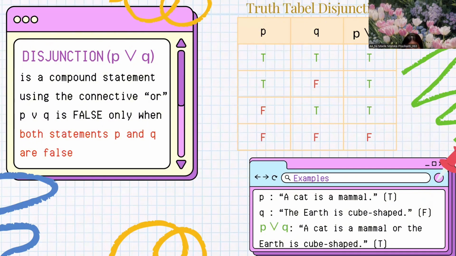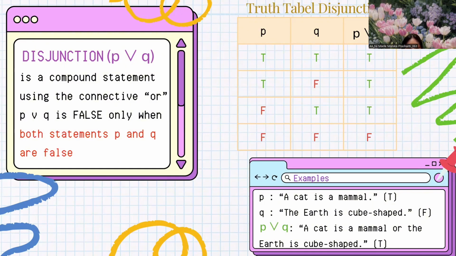A disjunction is true as long as at least one of the individual statements is true. As you can see in the definition window on the left, the only time a disjunction is false is when both statements P and Q are false.